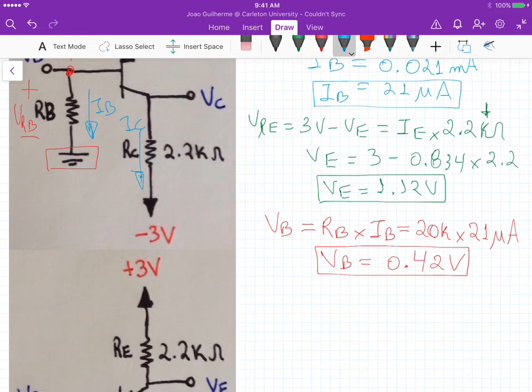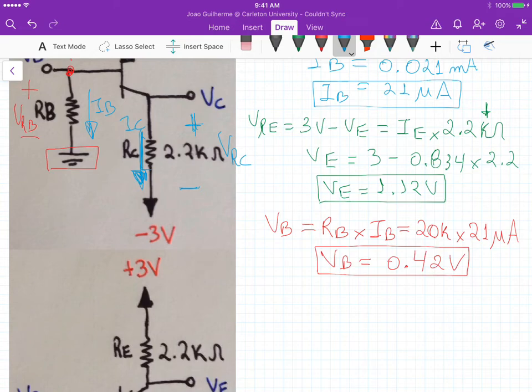Last but not least, we can calculate the voltage across this 2.2 k ohm at the collector, so we'll call it VRC. And we are assigning positive here, negative here, which agrees with the direction of this current, right? So we must be consistent with the assumptions of the currents and the voltages. So this polarity here agrees with the direction of this current.